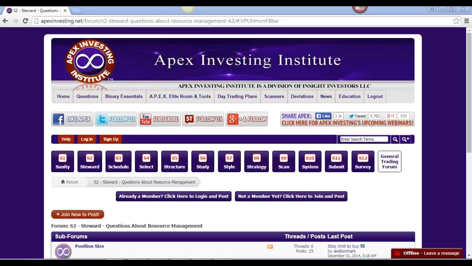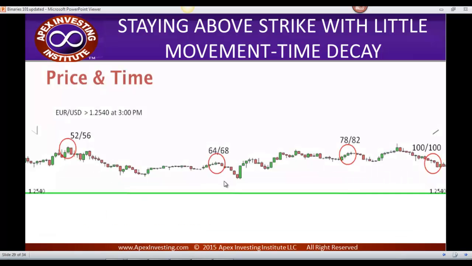Well, if you're buying for that high, that means it's already in the money, right? Like right here. Why would I buy this for 82 when I can only make 18? Well, if I've only got a few minutes to go and the statement's already true, I can buy it for 82 and make 18 bucks of profit and collect that premium because the market's already above the strike price. So if I buy in right here, the market can go up and I still win.